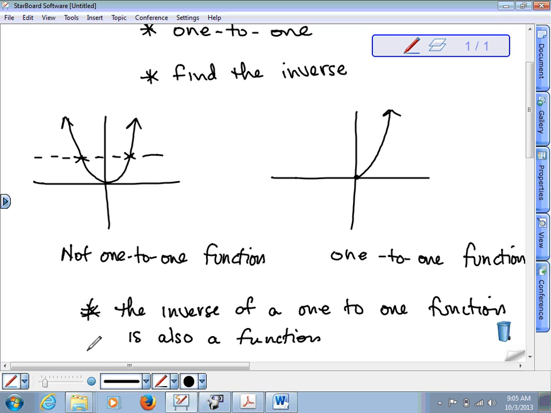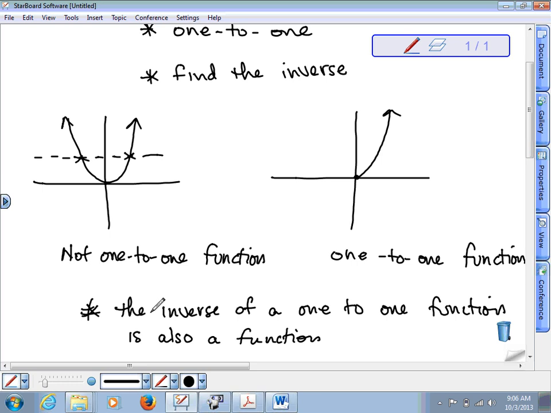That's the important thing about a function being one-to-one. If a function is one-to-one and we find its inverse, that will also be a function.